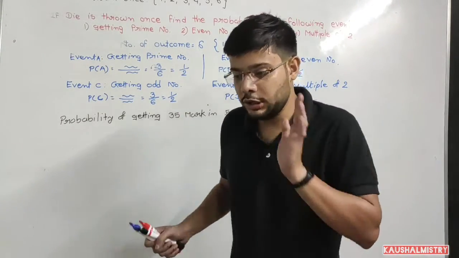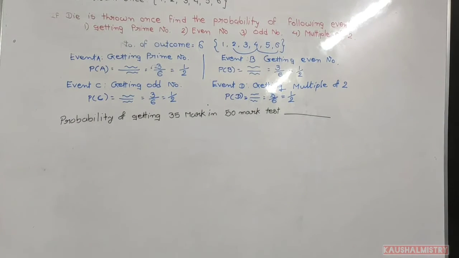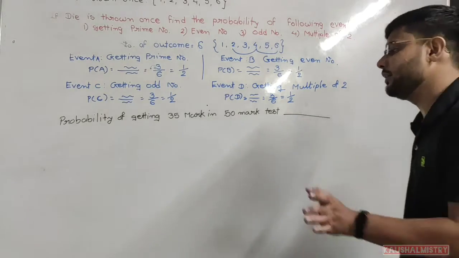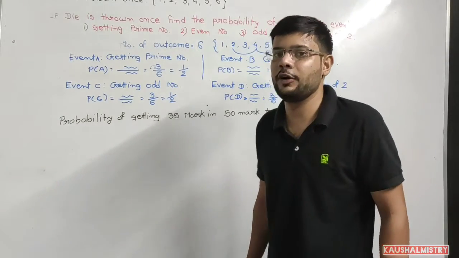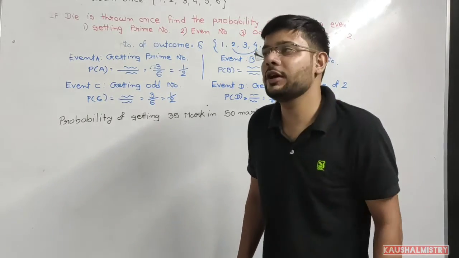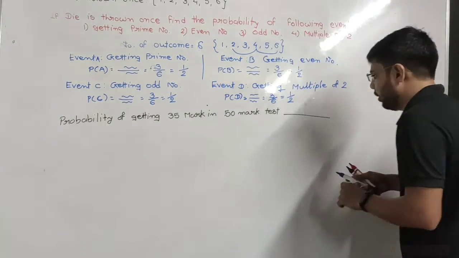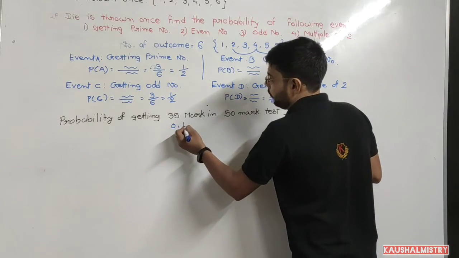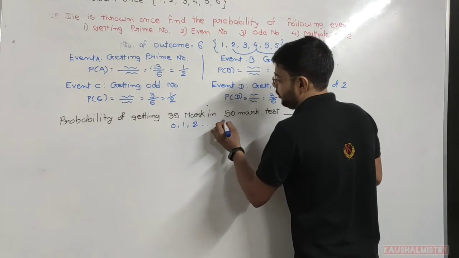How many total trials will there be, or how many total results are possible? Now, you can score 1 to 50 marks, so you think total 50 results are possible. Then you are wrong. Total 51 results are possible, because if it is a 50 mark paper, then you can score 0, 1, 2, 3 up to 50.